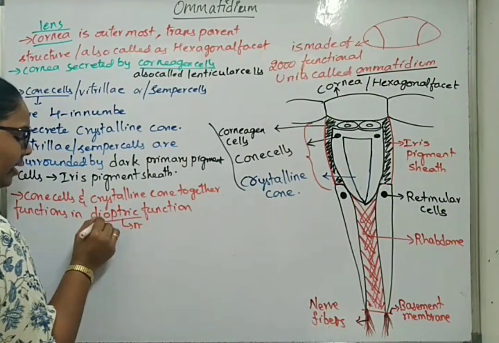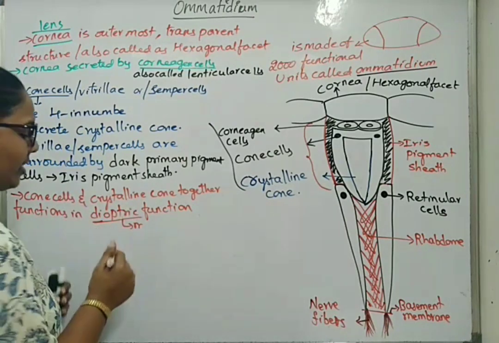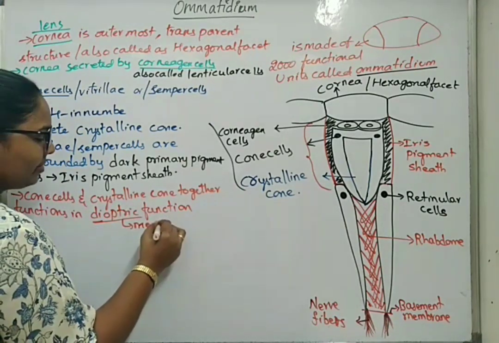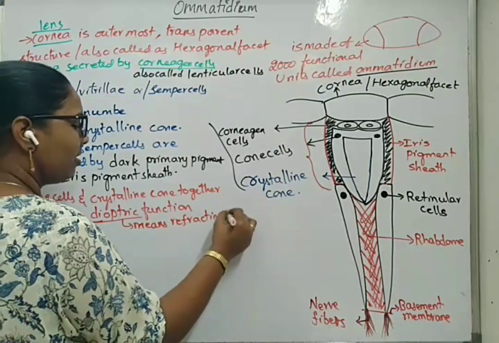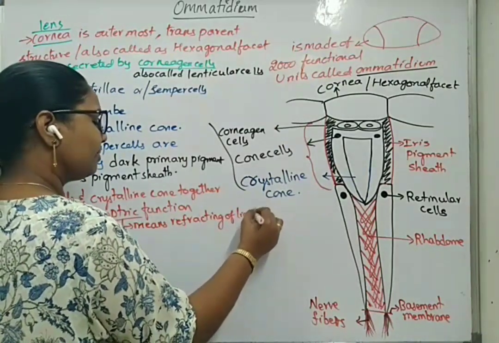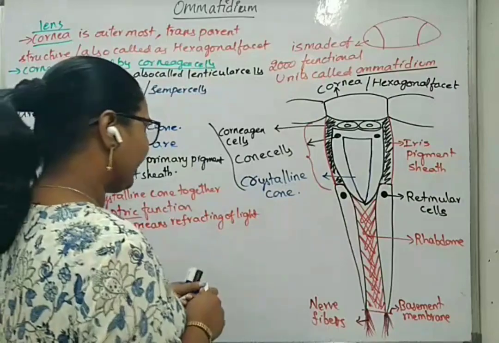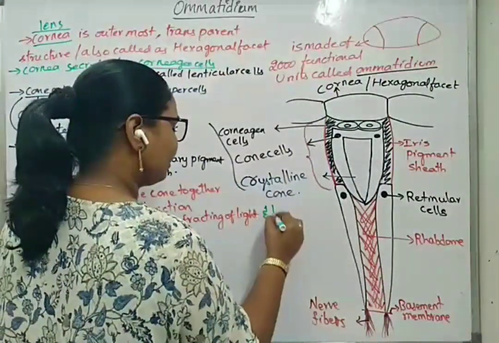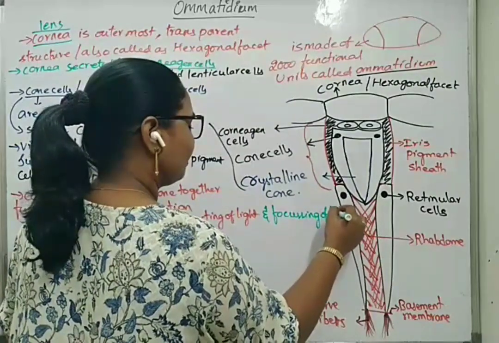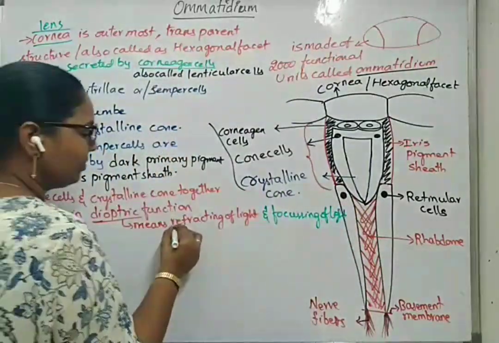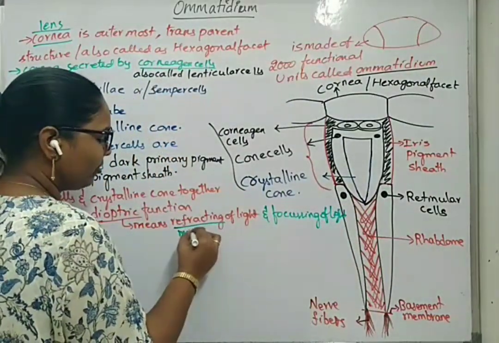Here we are using the term di, meaning two functions. What are those? Refracting of light and focusing of light. Refracting means bending of light.